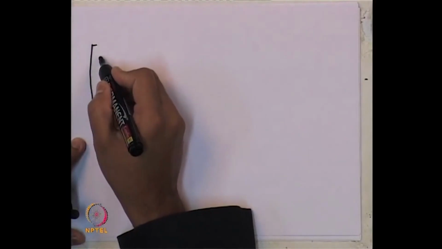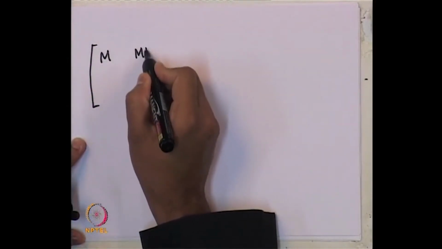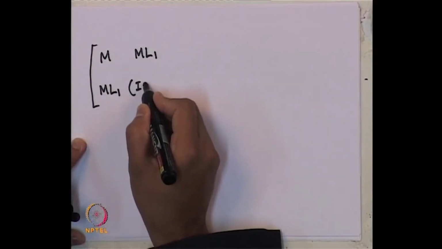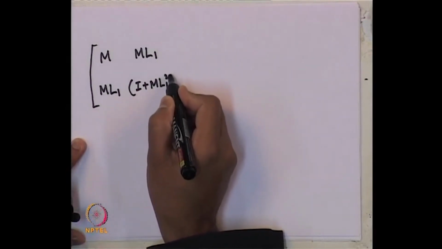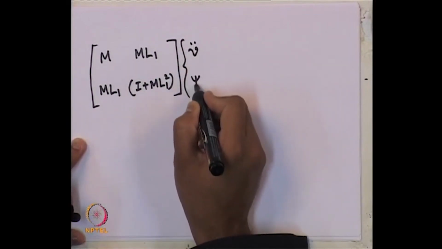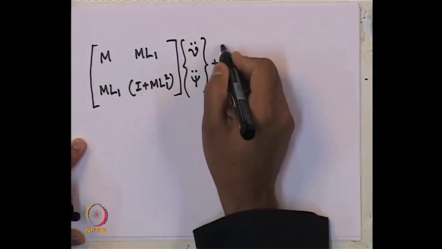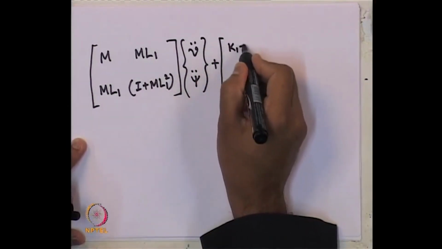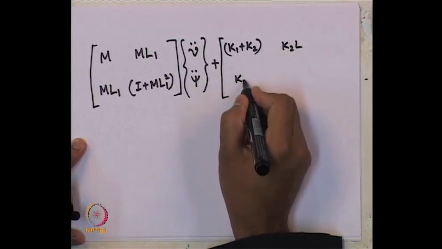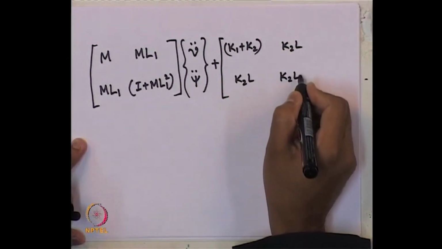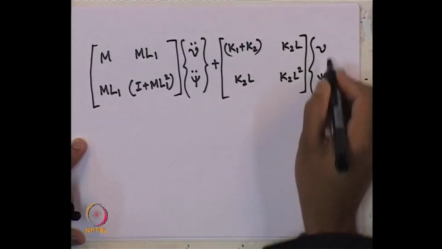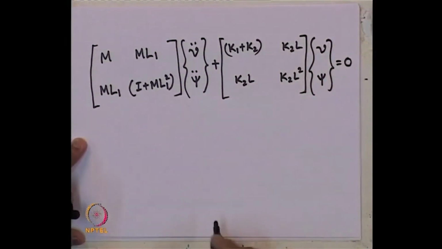If you write the equations in matrix form, it will look like this: [M, L1; L1, I plus M L1 squared] times [V double dot, psi double dot], plus [K1 plus K2, K2 L; K2 L, K2 L squared] times [V, psi], equals 0.